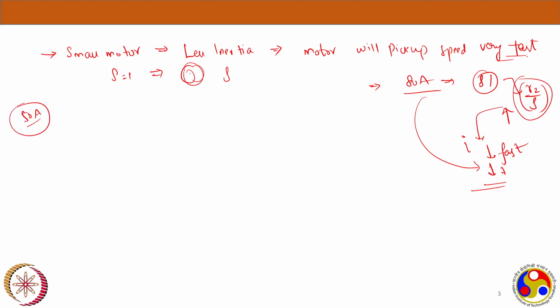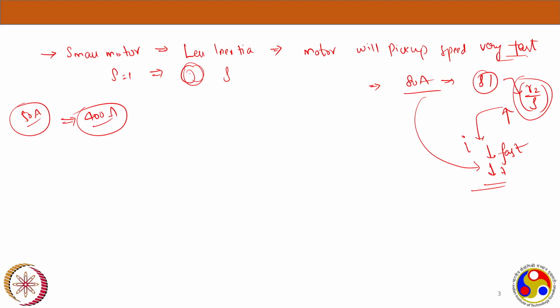At the starting, 8 times that, let's say 400 amps, is passing through the motor windings. Now this kind of larger machine has larger inertia, which means it will start rotating slowly at the starting. So gradually the speed will rise. There is no rapid rise in the speed.